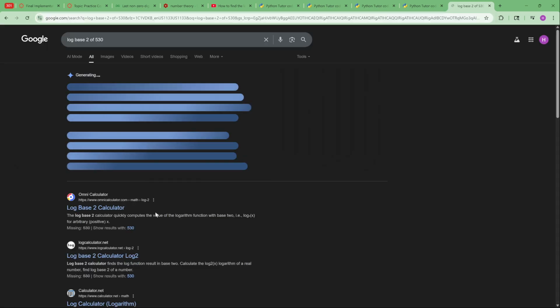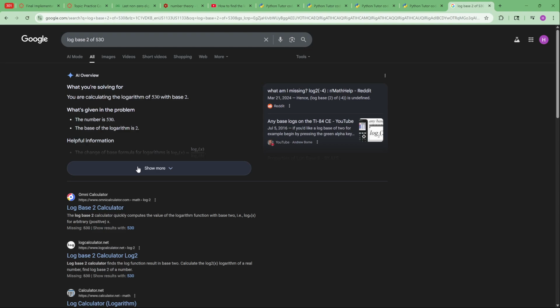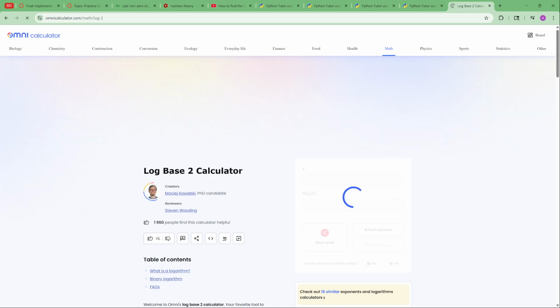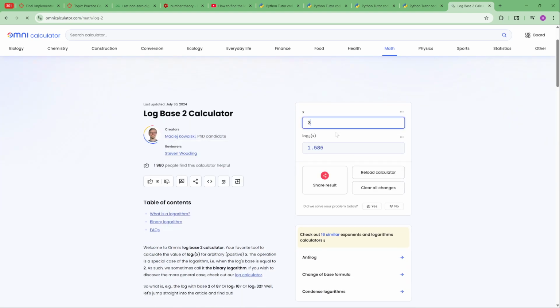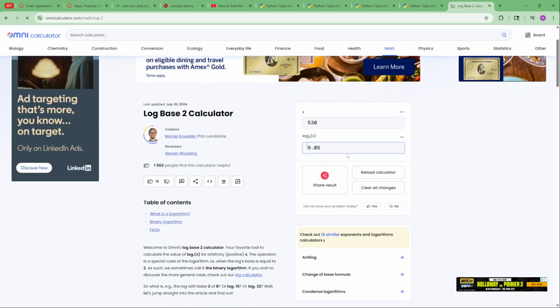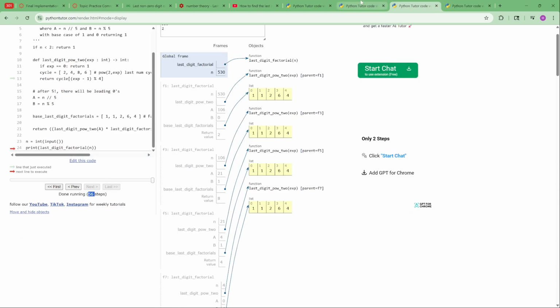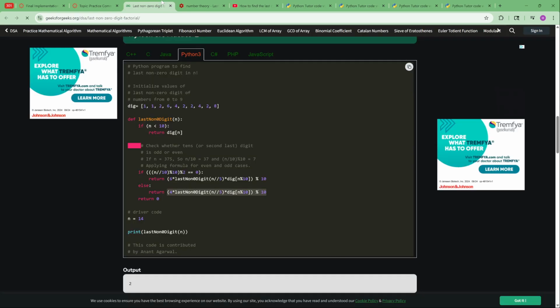I don't know if it's close to this. Let's see what this is saying. Log base 2 calculator. 530. 10. I mean, it doesn't do 10 function calls, but yeah, so they're both very efficient.